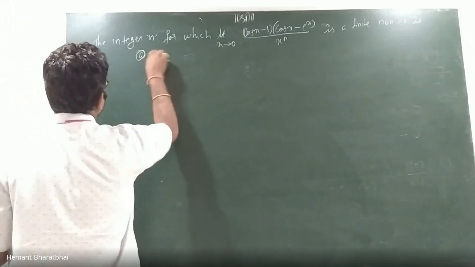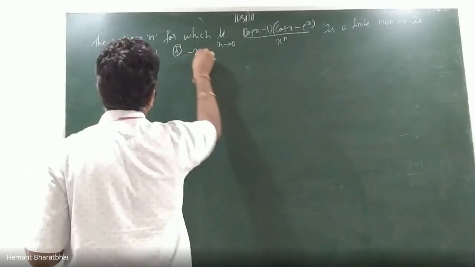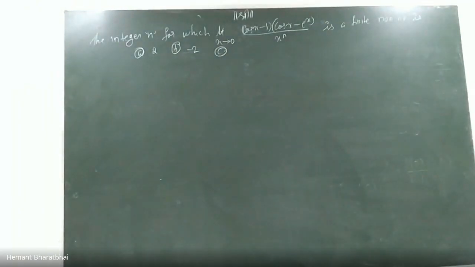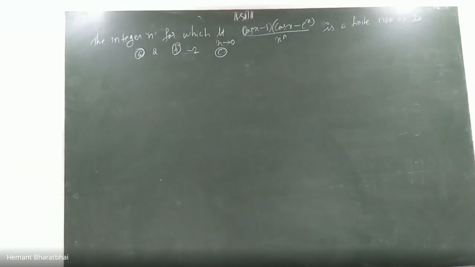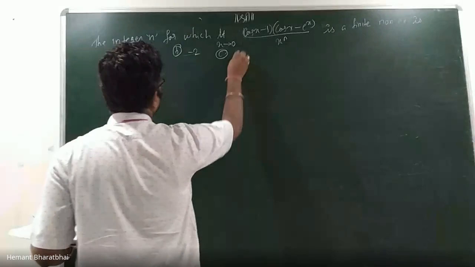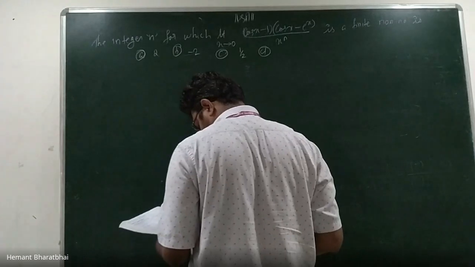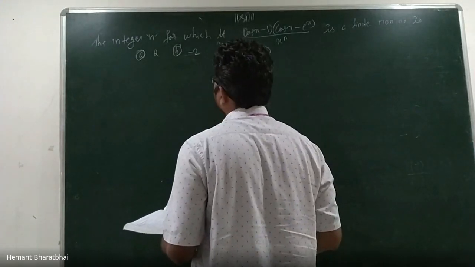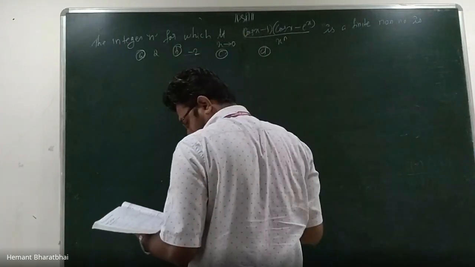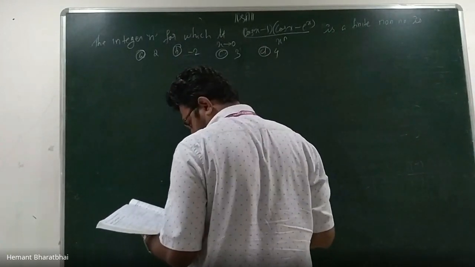Option number A is 2, option number B is minus 2, option number C is 3, and option number D is 4.